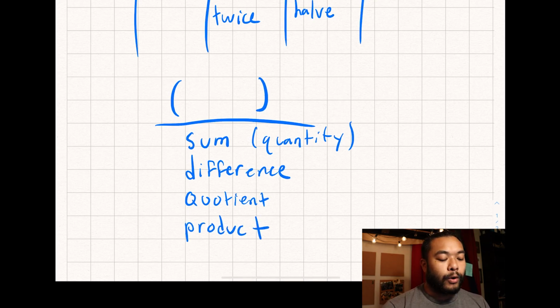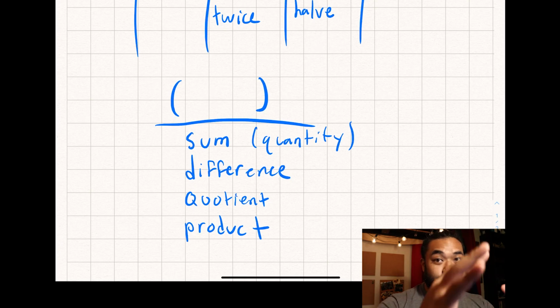If we see these words, then we definitely should put parentheses around what we're about to do, just in case we're doing something on the outside of the parentheses. Because this sum of two things, that's one whole thing that we might do something with.